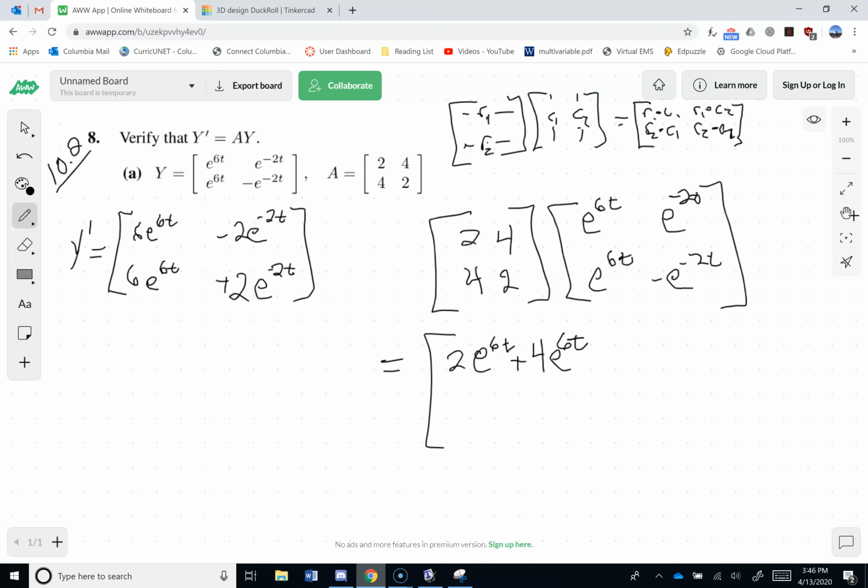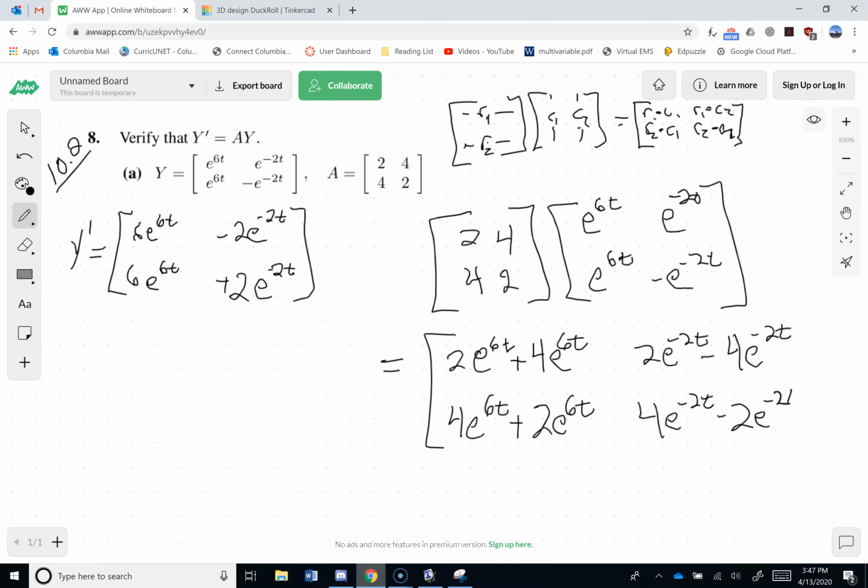And then I need 4e to the 6t plus 2e to the 6t. All right, so I did the column 1 things first. And then I need a 2e to the minus 2t minus 4e to the minus 2t. And a 4e to the minus 2t minus 2e to the minus 2t.